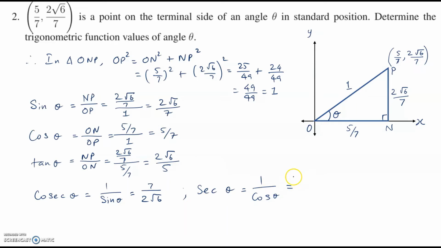So, secant theta will be 7 by 5. And our cot theta will be equal to 1 by tan theta. Our tan theta is 2 root 6 by 5. So, our answer would be 5 divided by 2 root 6. So, those are the trigonometric function values of angle theta.